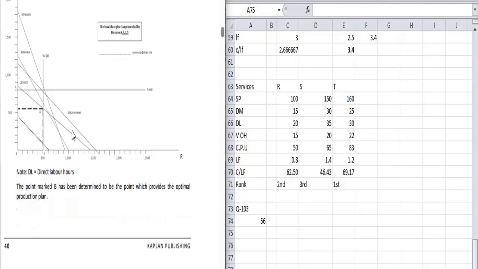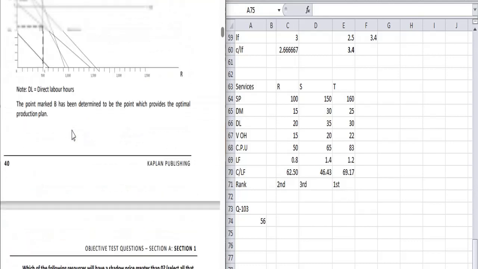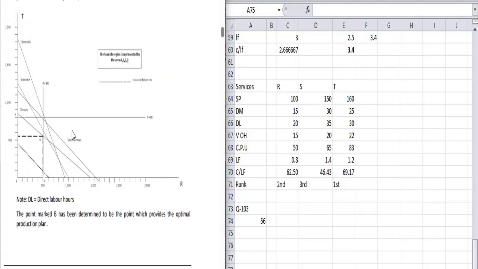So the question asks which of the following will have a shadow price greater than 0. We have a lot of constraints here: material B, material A, machine hours equal to 500, direct labor hours equal to 800. As I told, in case of slack resources, the shadow price will be 0, and the optimum point is on B. So whatever lines are far away from this point have slack.